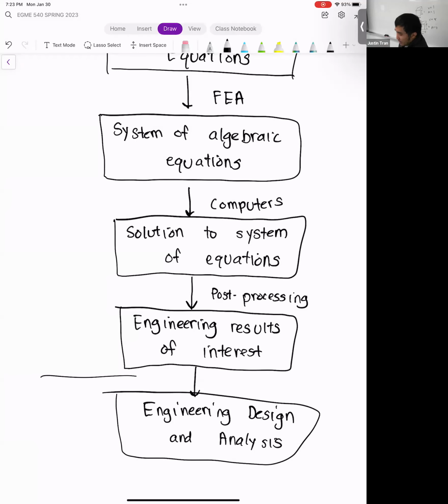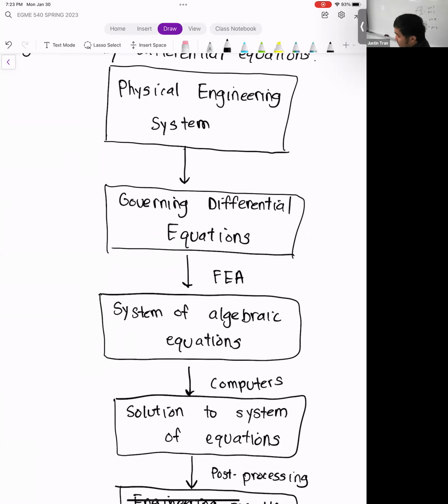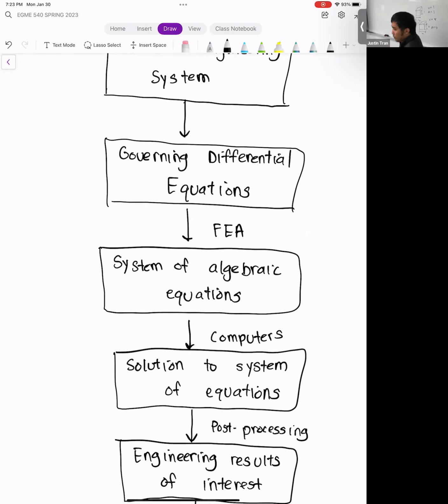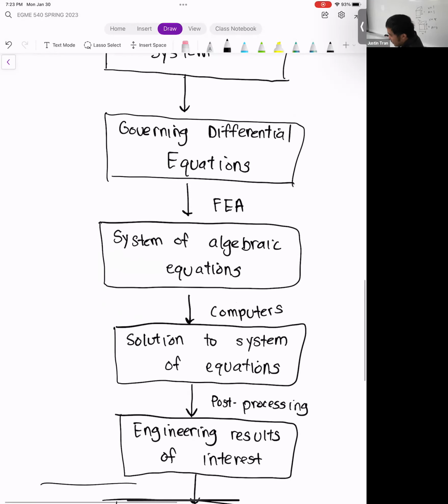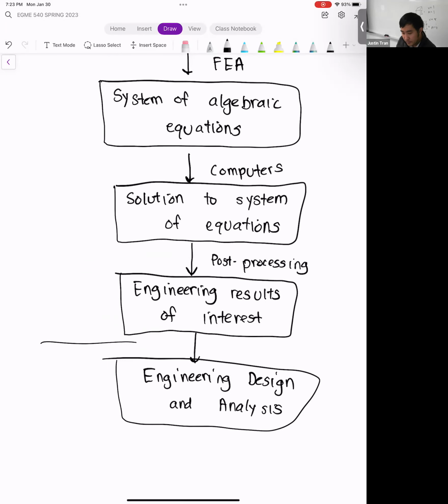The nice thing too is that these finite element software packages like ANSYS are developed by great companies, and so a lot of this is handled, I call it, underneath the hood. There's very little that you realize is happening, but there's actually quite a lot happening underneath the hood.